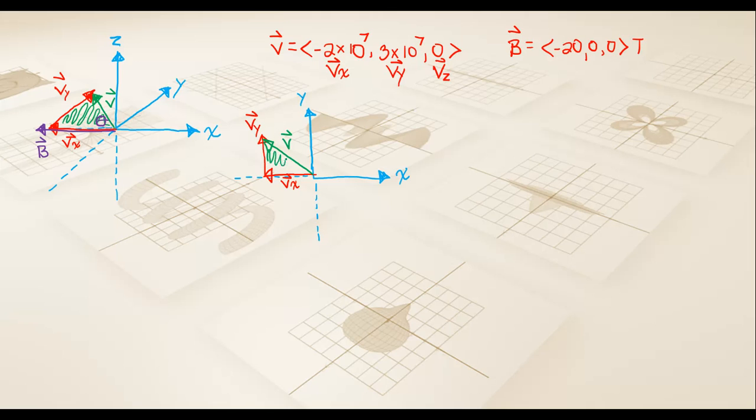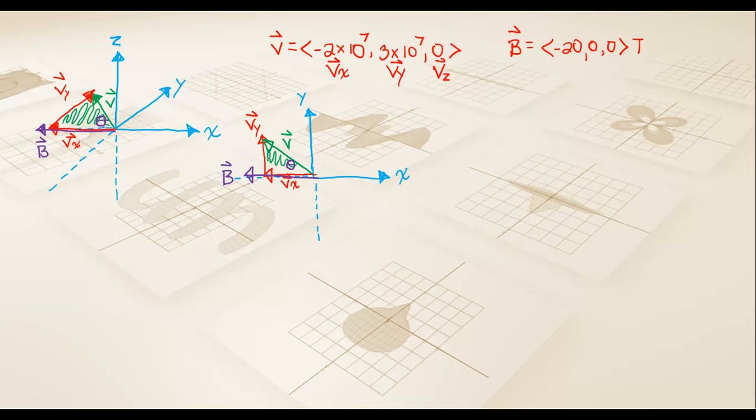So that's the triangle I was trying to shade in on the picture here. It's just hard to draw in 3 dimensions. Now we also have the magnetic field vector, which points in this direction. So that's B. And what we want is the angle theta.